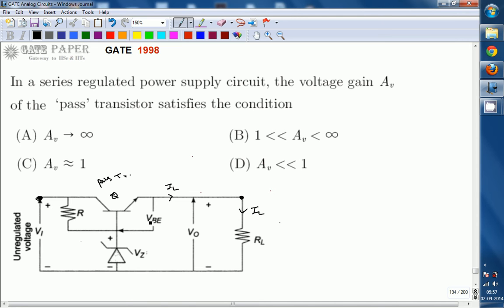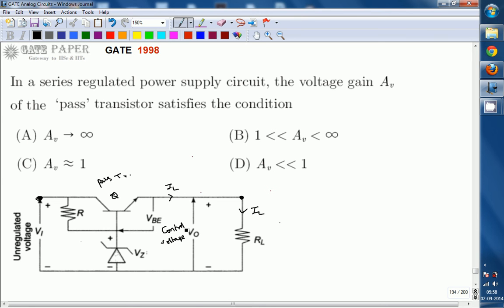Here VBE acts as the control voltage, because the load current is related to the emitter base junction. To control IL, what we need is VBE. By varying VBE, we can vary IL.